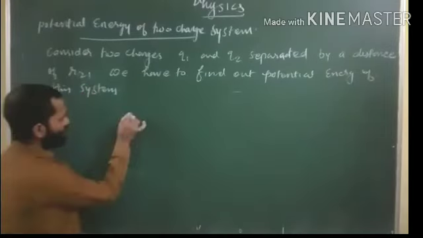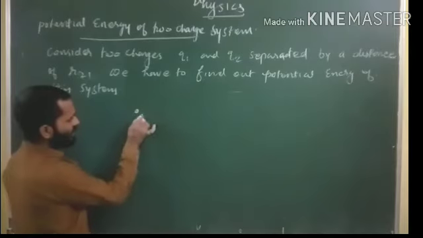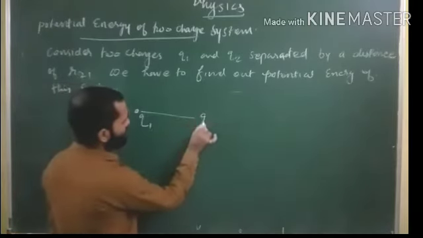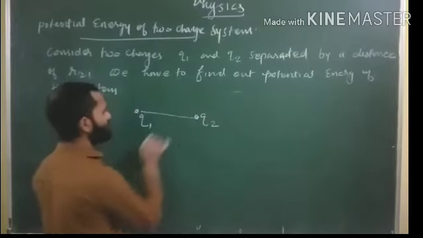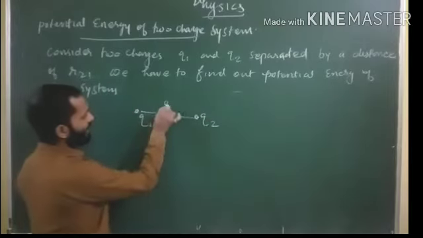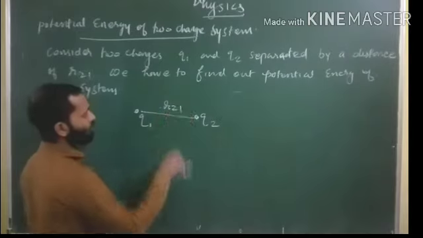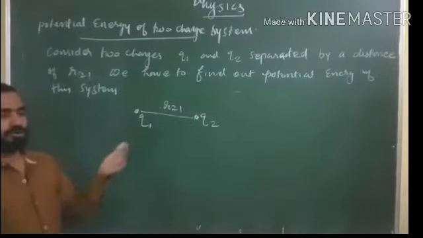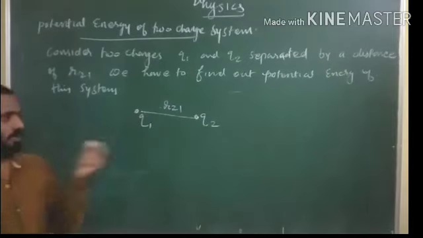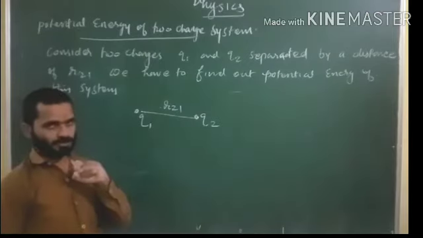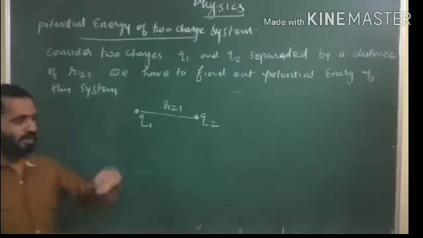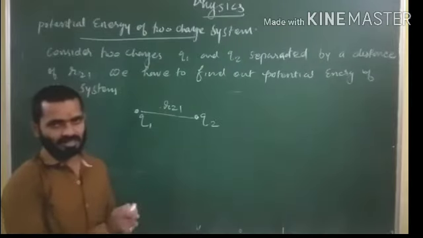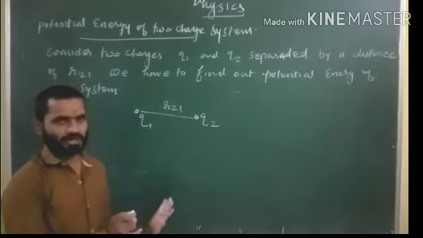So we are taking two charges, students. This is the charge Q1, and at R distance we have another charge. This is Q2, and this distance I have given as R21. Here we want to calculate how much will be the potential energy of this two charge system. As we did in our previous single charge case, the same method we can use here also.